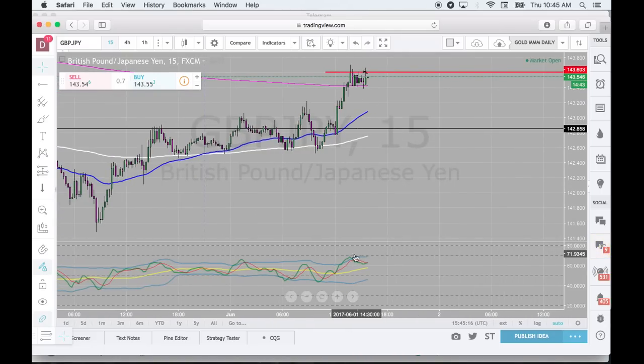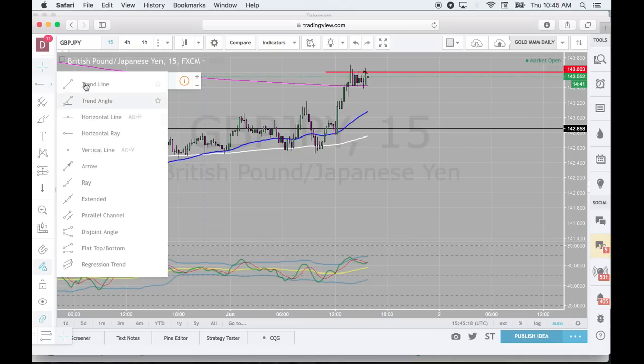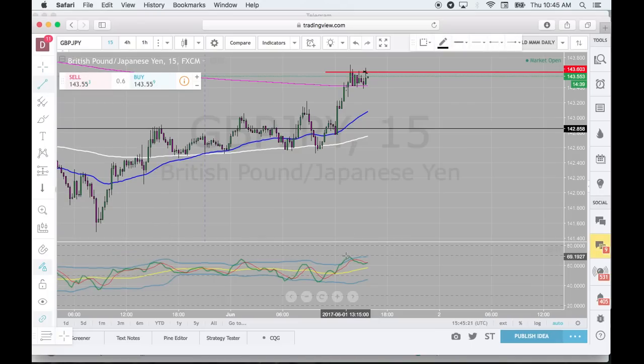TDI is showing divergence as well. We can see the first leg of the M is way above the second leg.